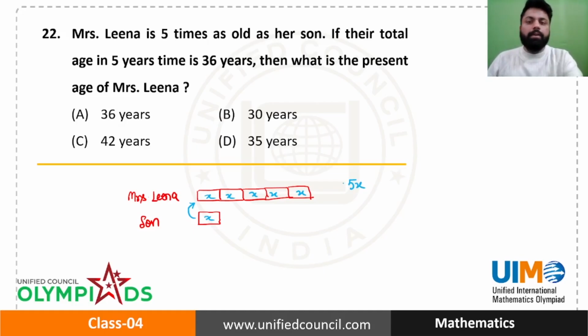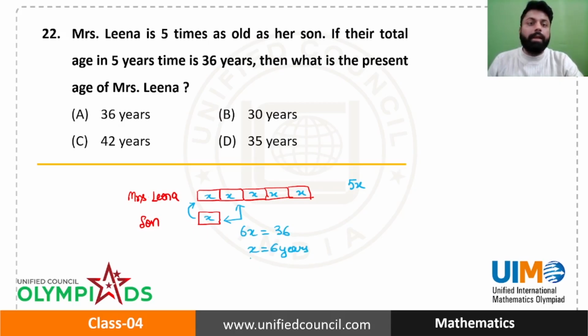After 5 years, the total of 6 units is equal to 36 years. 6X is equal to 36, so X is equal to 6 years.